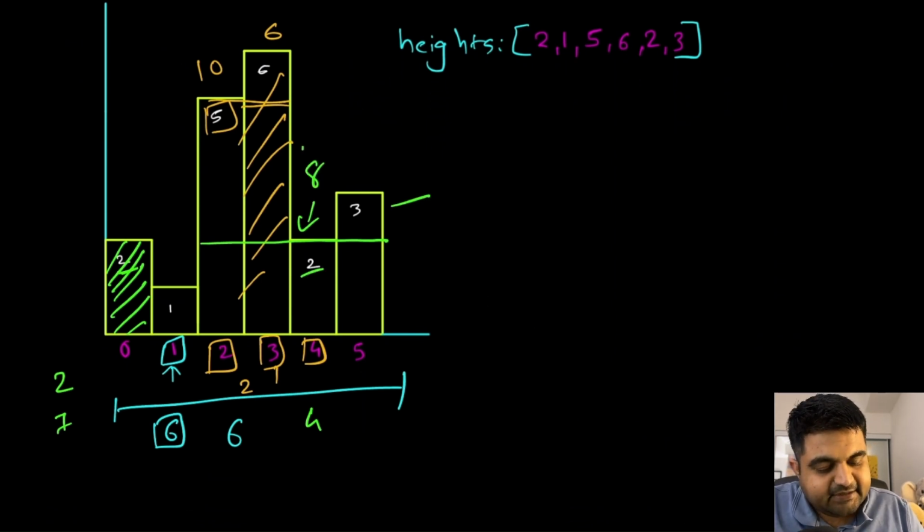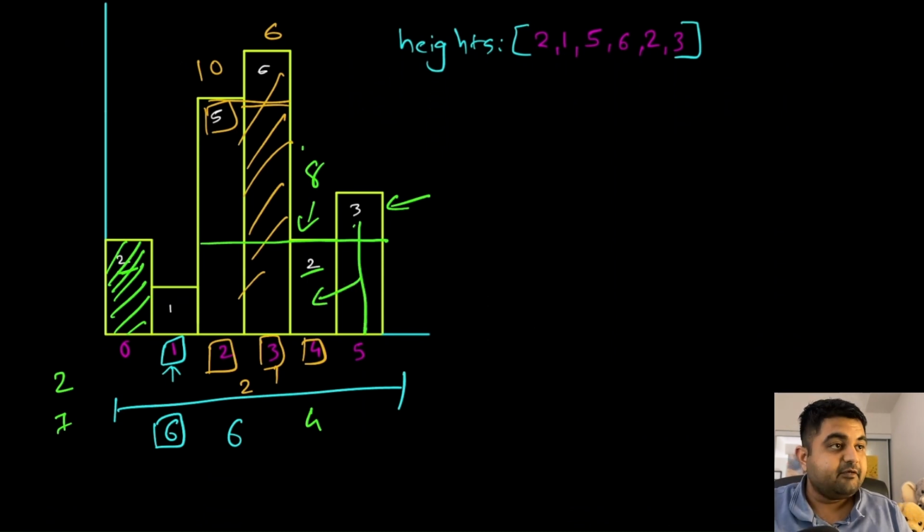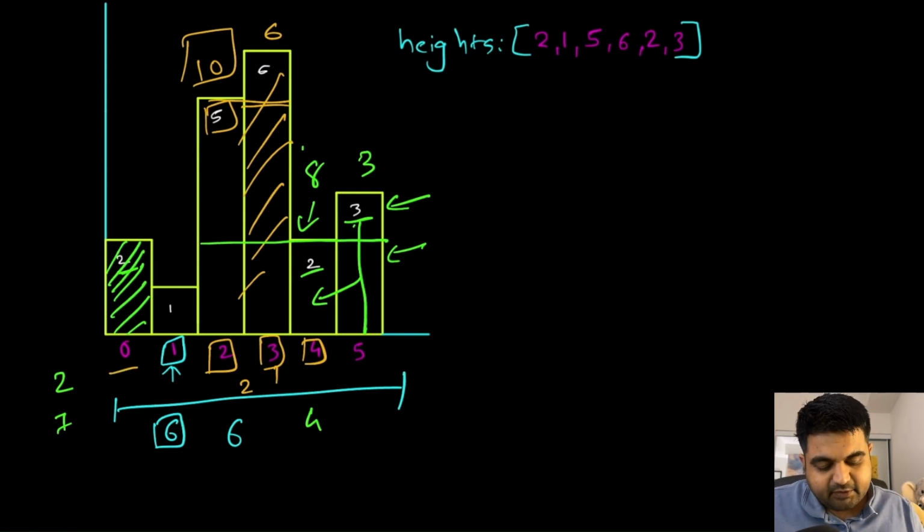And same way at this 3, the maximum we are able to generate is simply just this one, because the one before that is of lesser height. So the maximum area we can make using the entire height of this bar is going to be 3, and in the end we can simply return 10 as the answer. So what we did is, for every single element we see what the left limit is, what the right limit is, and what the total area we are able to generate is, and then we store the answer.